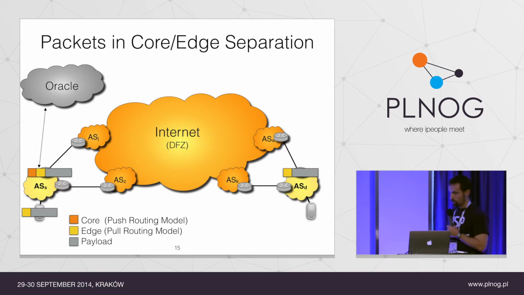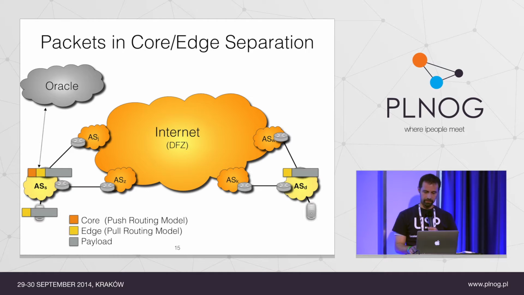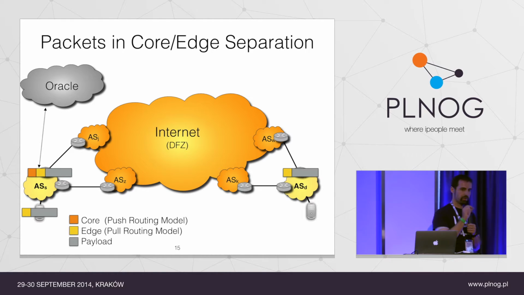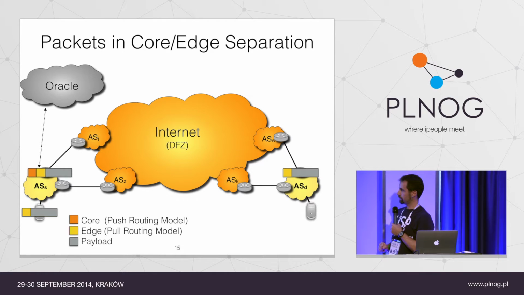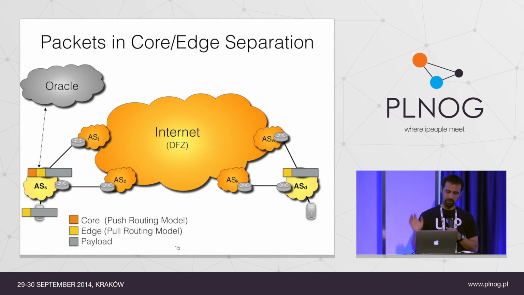Now, we can separate everything, right? So imagine, what do we do if we have this separation? The same thing we do every time. We send packets. Let's say we have a source, and we want to send a packet in this split world. We always have an IP packet. We are able to route it inside the local AS until it reaches the boundary between the edge and the core.